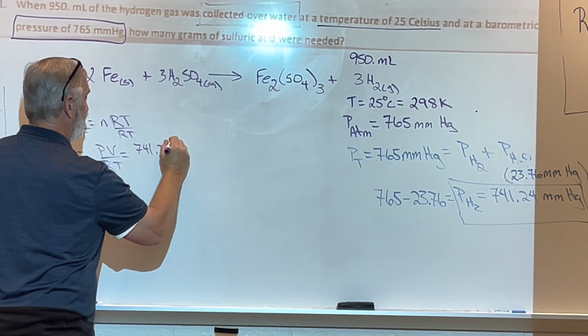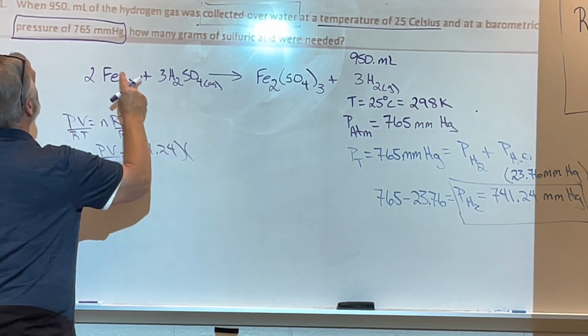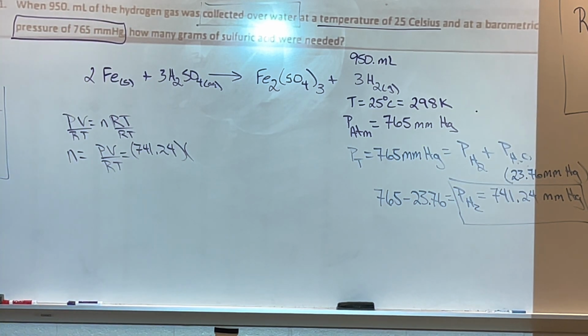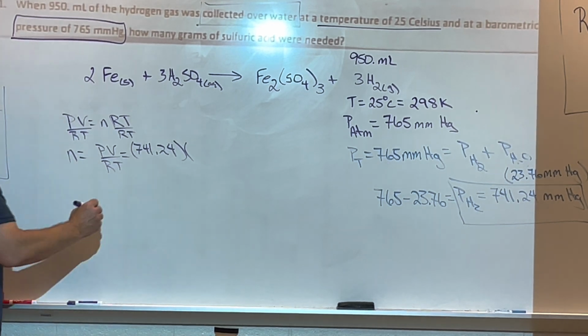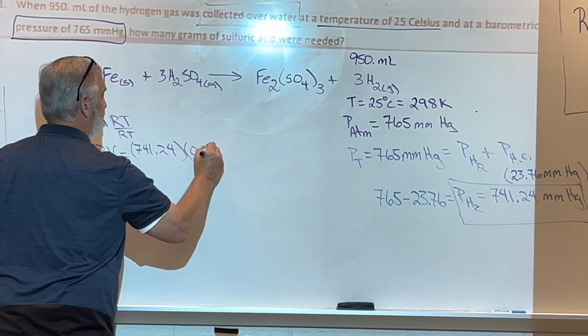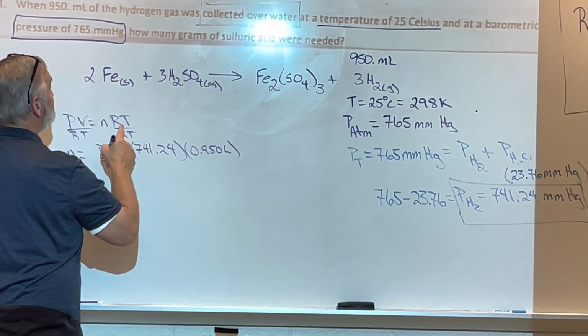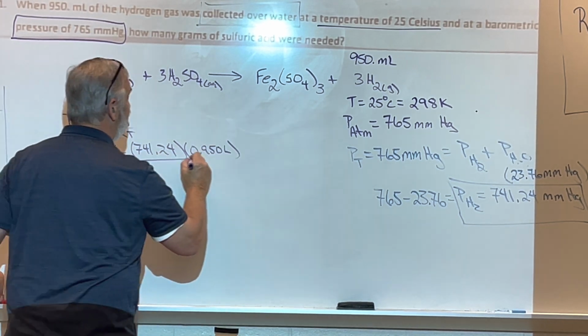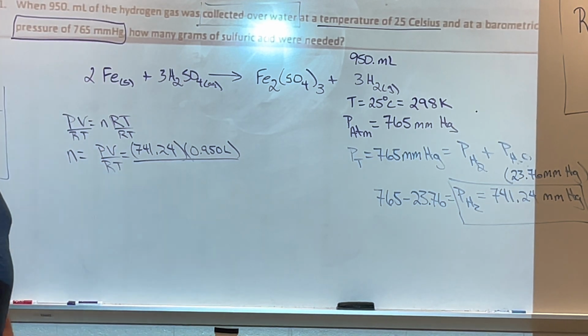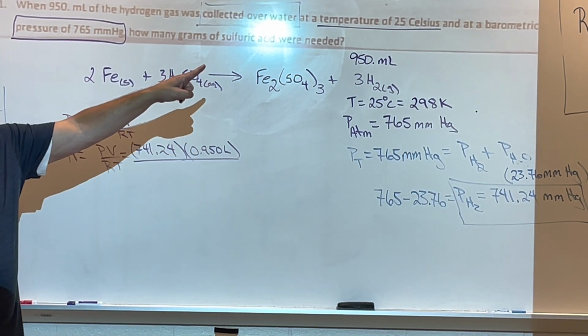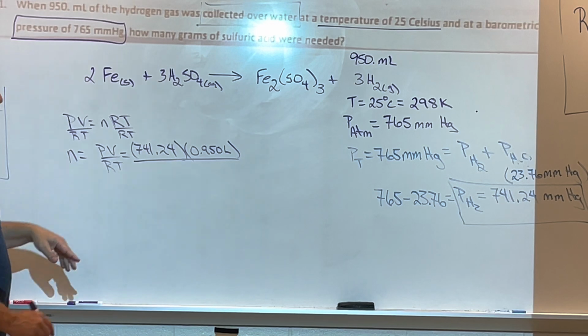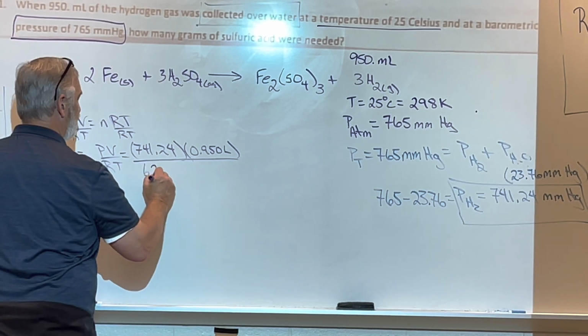So now I can just plug in my pressure, 741.24. The volume, how many liters is that? 950 milliliters, how many liters? 0.95. Because this is millimeters of mercury, what value of R do I want to use? Which one do I use? 62.36.